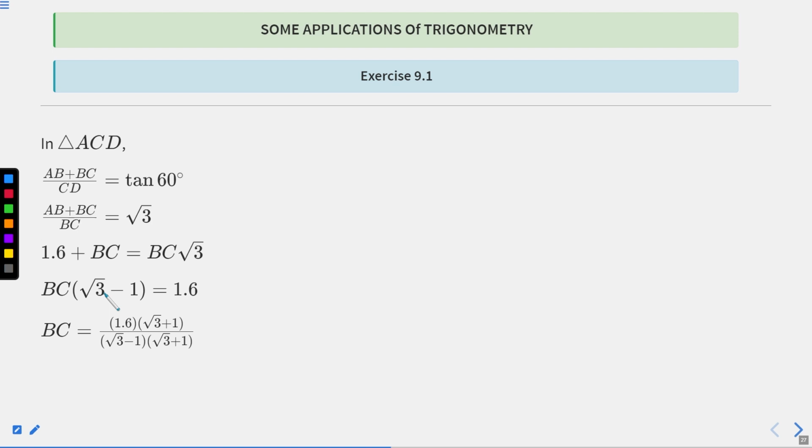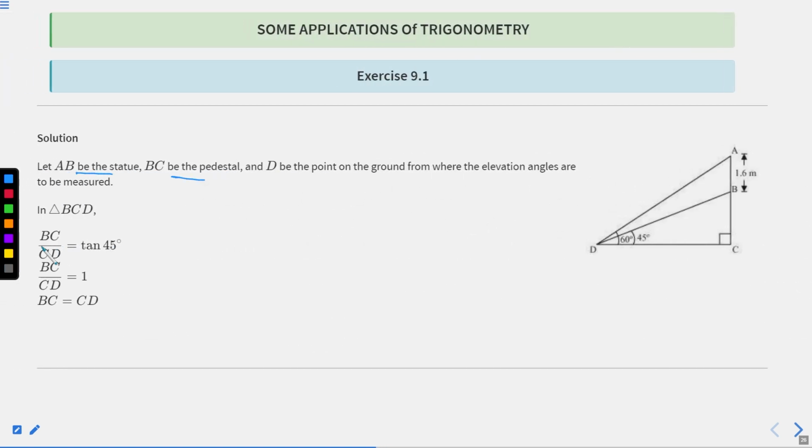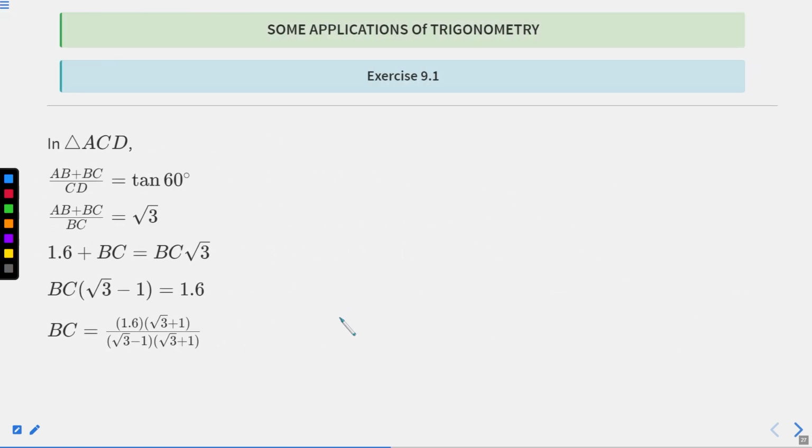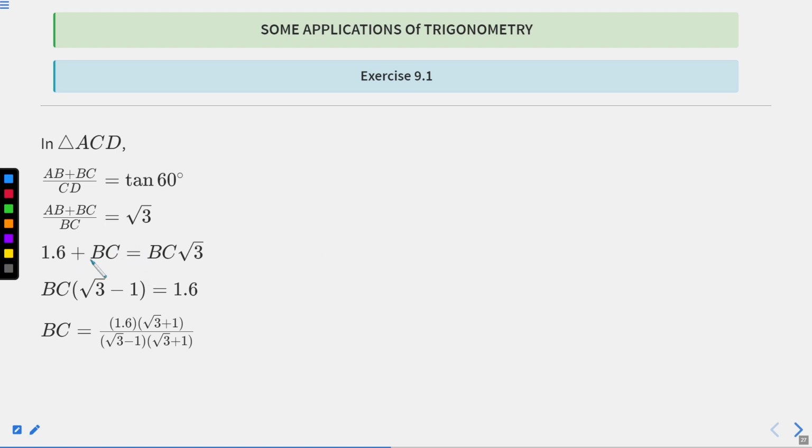So AB plus BC by BC is equal to root 3, and we are given AB, the height of the statue, is 1.6 meter. So 1.6 plus BC is equal to BC times root 3, and it implies BC times (root 3 minus 1) is equal to 1.6, and it implies BC is equal to 1.6 into (root 3 plus 1) divided by (root 3 minus 1) into (root 3 plus 1).